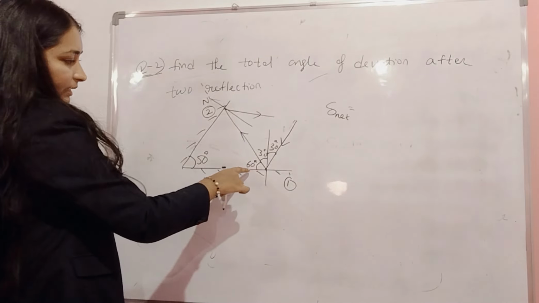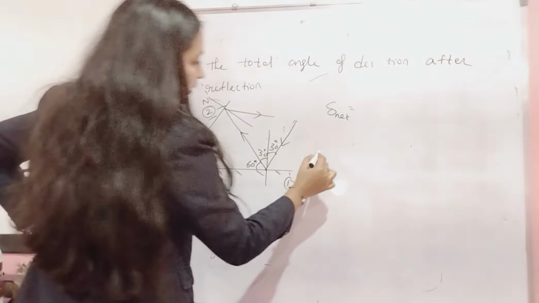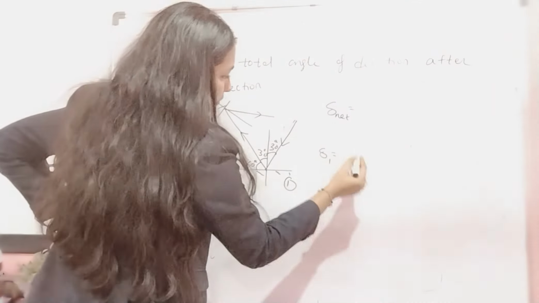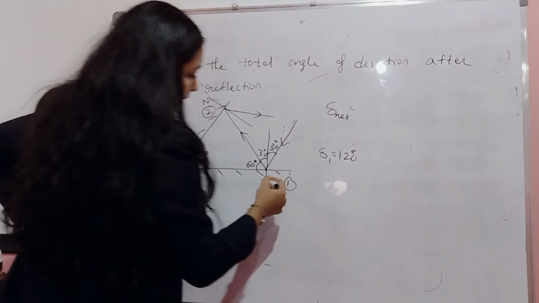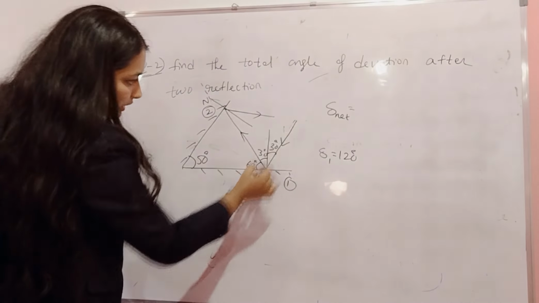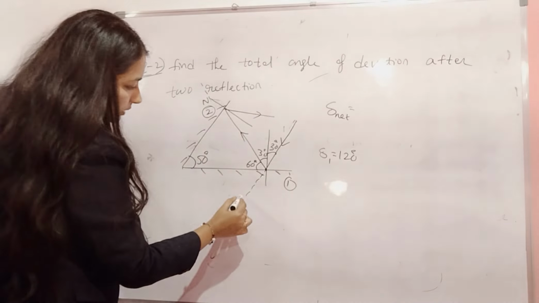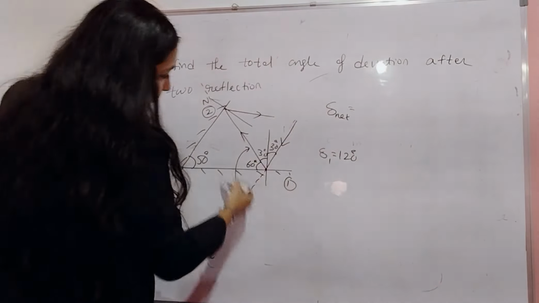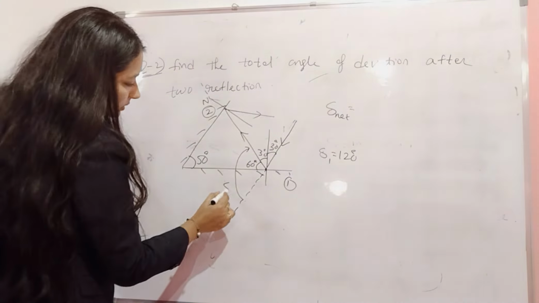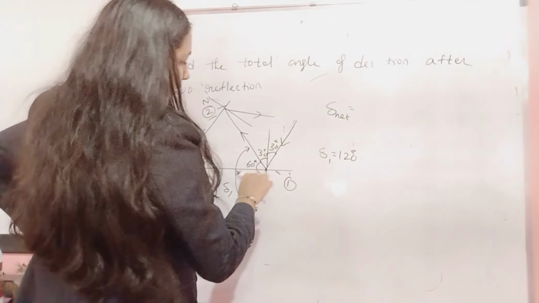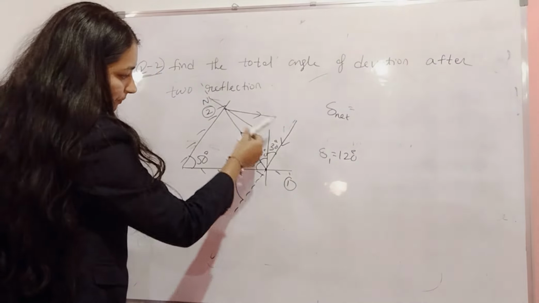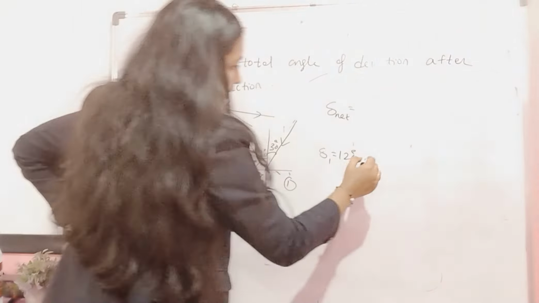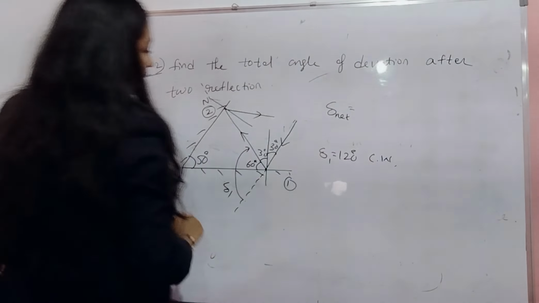Then what is the angle of deviation for the first mirror? 2 times 60, that is 120 degree. This is the original direction of the incident ray. The angle between the original direction of the incident ray and the reflected ray is the angle of deviation. So delta 1, in which direction is it turned? Clockwise direction.